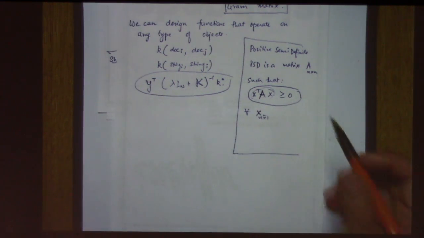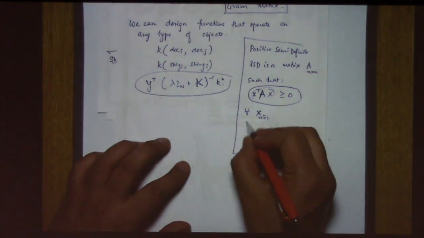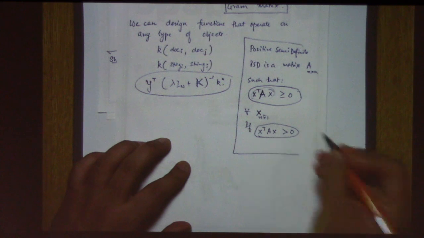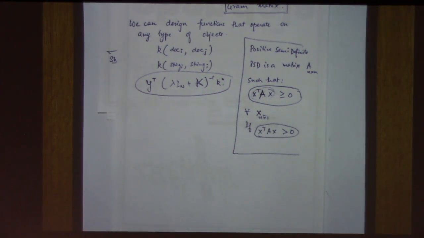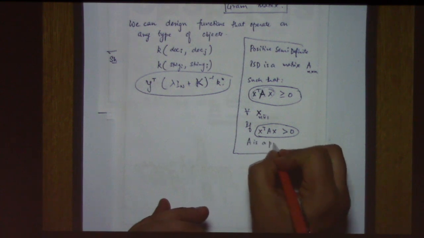If this is always greater than or equal to 0, then it is a positive semi-definite matrix. If x transpose A x is strictly greater than 0, then it is a positive definite matrix, right?